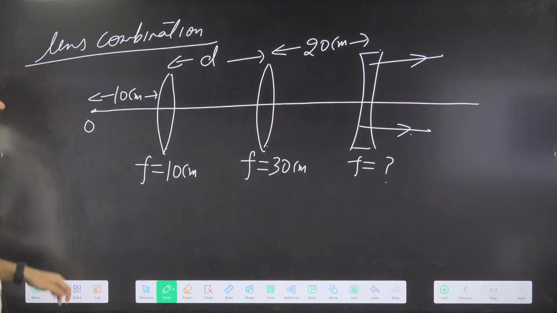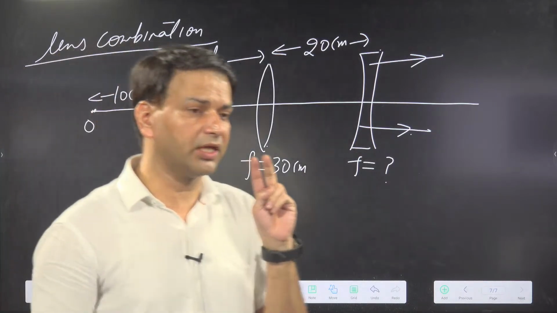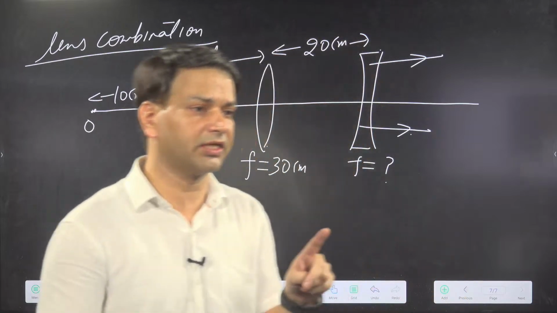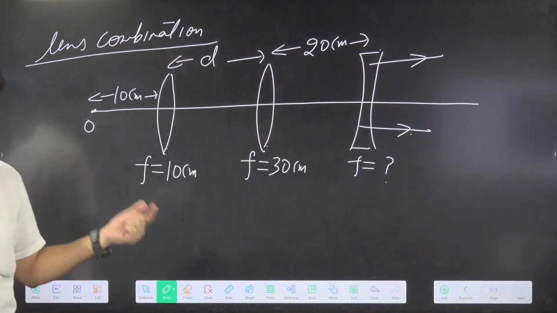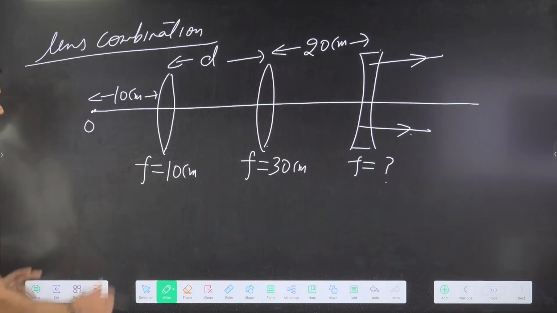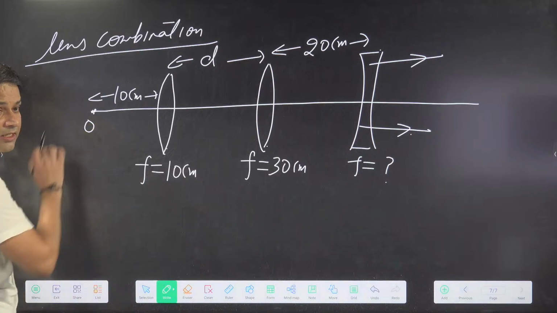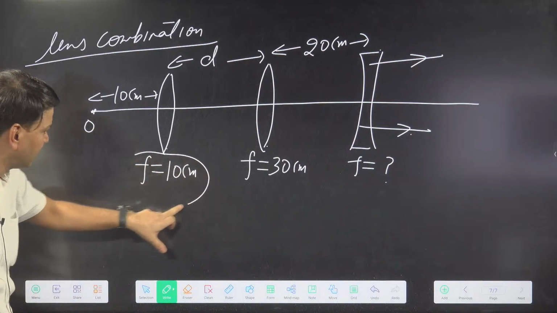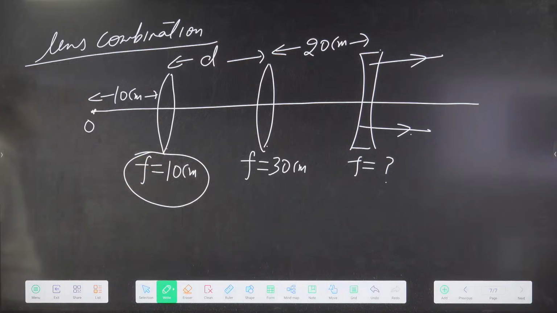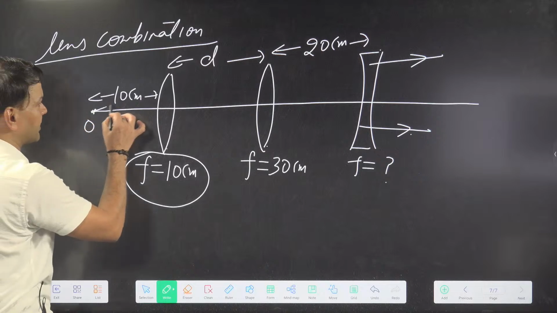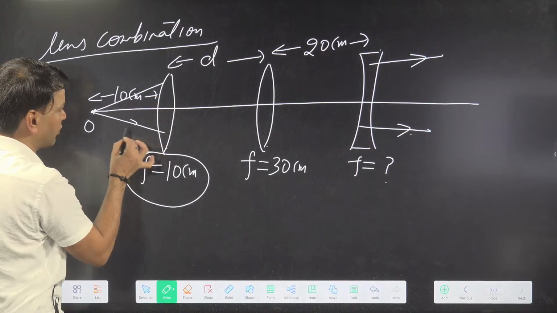In lens combination, when we have multiple lenses, we consider one refraction from each lens. Now when the object is at 10 centimeter, and the focal length they have given is 10 centimeter, this means the object is placed at focus. When the object is placed at focus, how does the light ray go?